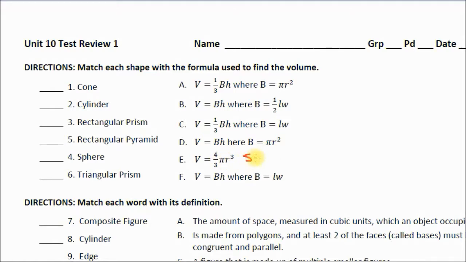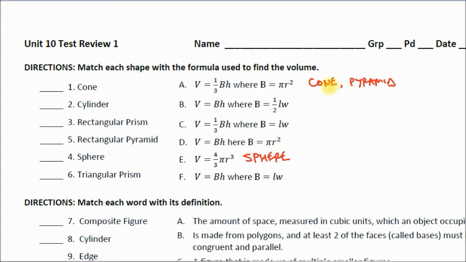We know that if it's r cubed, this is going to be a sphere. If we have 1/3 of base times height, then we know it's either going to be a cone or a pyramid, because we know that cones and pyramids have a pointy end or an apex.